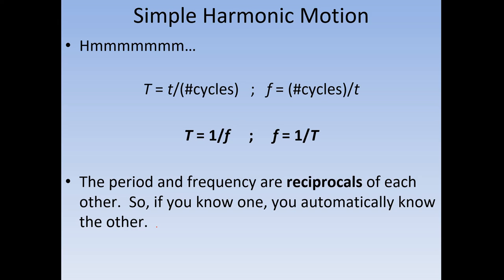Once you know one of these, you automatically know the other. If you know frequency, you automatically know period. And if you know period, you automatically know frequency. In fact, it's the only one that I can think of that has this type of relationship, and it is definitely used very frequently in this topic. So you definitely want to make sure that you remember this.